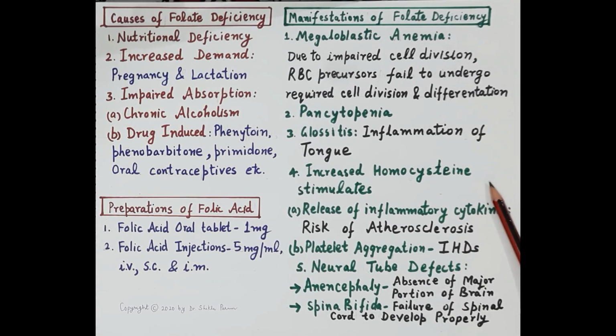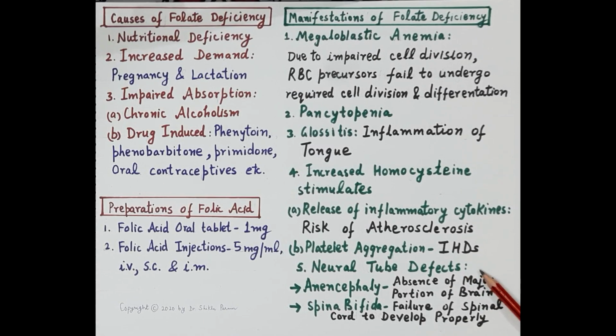A deficiency of folic acid also increases the levels of homocysteine, and increased levels of homocysteine stimulate release of inflammatory cytokines that increase the risk of atherosclerosis. Increased homocysteine also stimulates platelet aggregation, which results in ischemic heart disease.